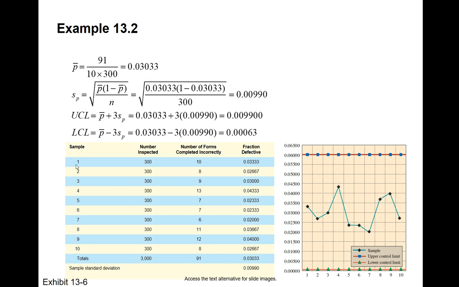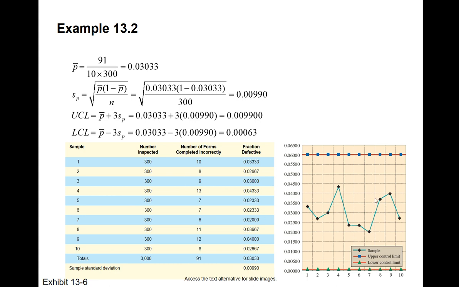So for sample 1, instead of 10, we should use 0.03 as the number to denote sample 1, because this is the defective percentage in sample 1. We use 10 divided by 300 to get the number, and 8 divided by 300 gives 0.02, and so on.